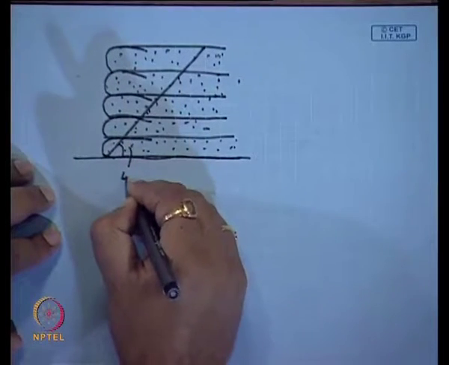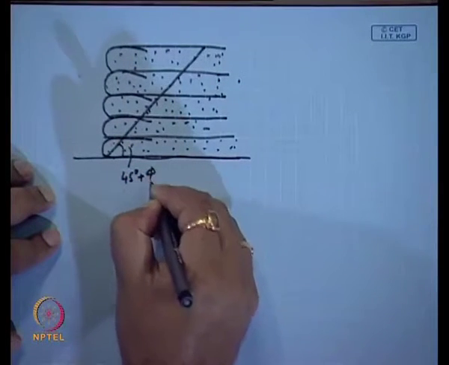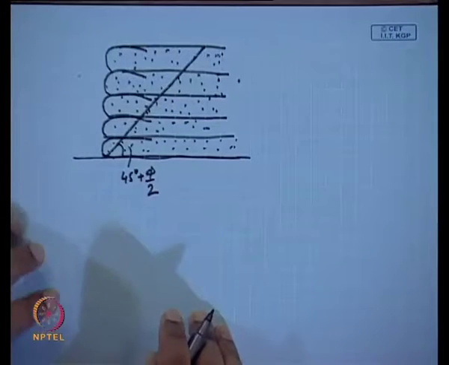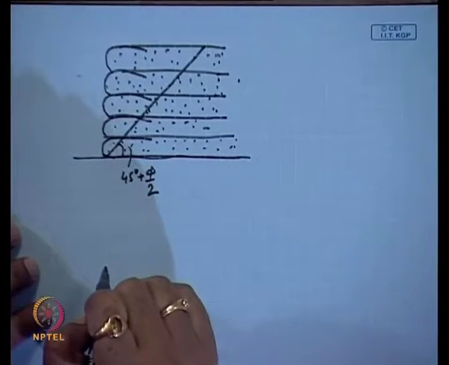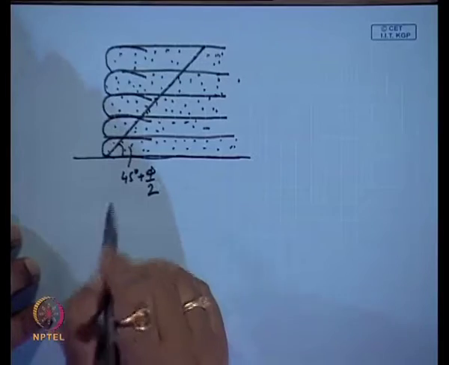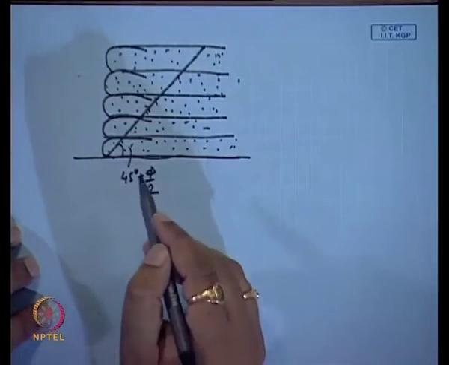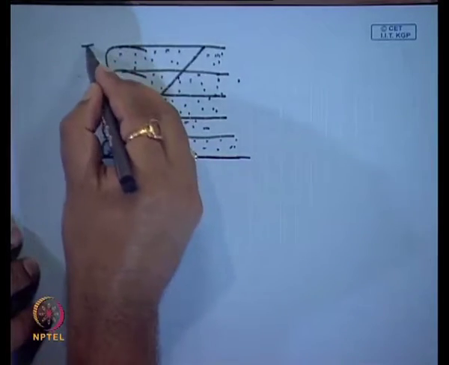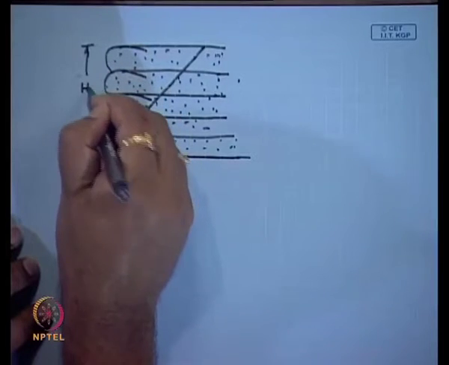So, this is 45 degree plus phi by 2. As we know, this is 45 degree plus phi by 2. So, if I consider the failure pattern, then what is actually happening here?